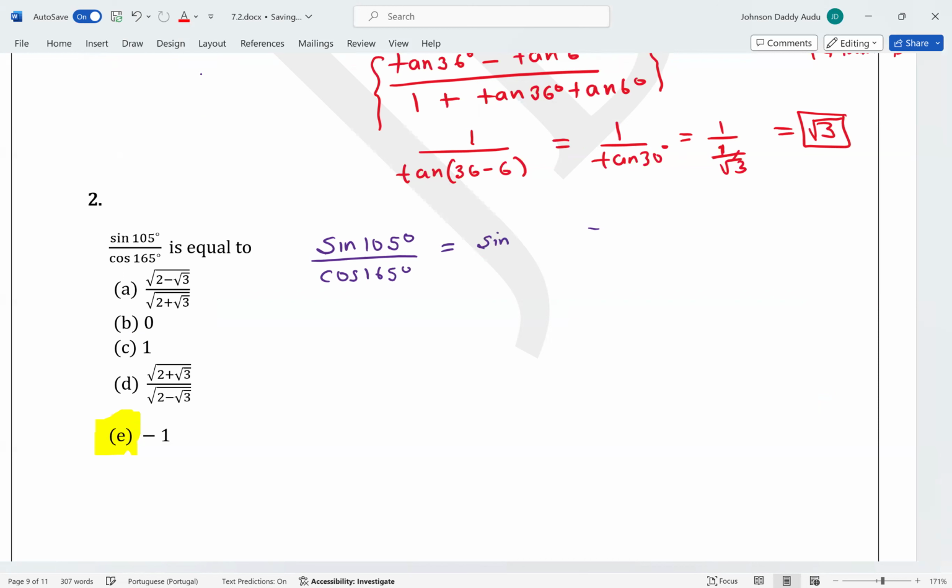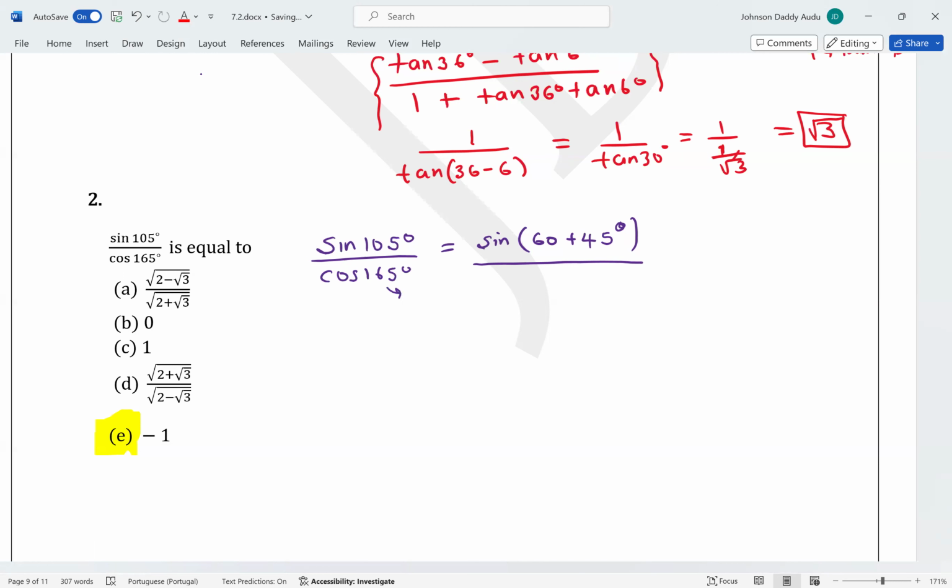So we can write this as sine of 60 plus 45 degrees. But for 165, we have to use the reference angle because we cannot easily write this number as a sum of two famous angles. So we use the reference angle.